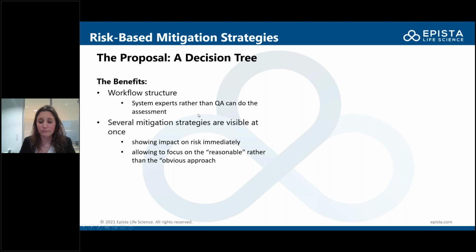You also have the really big advantage that you have several mitigation strategies visible at once. So you see the scenarios. You can't just say, okay, if we change the answer here, well, you're immediately on a different branch, and then you can just walk down that. And that allows companies to really go for what is a reasonable approach and not just the obvious.